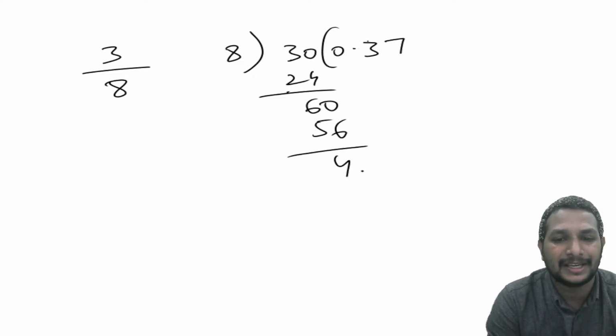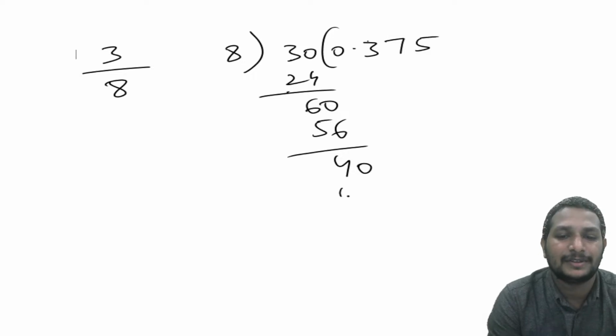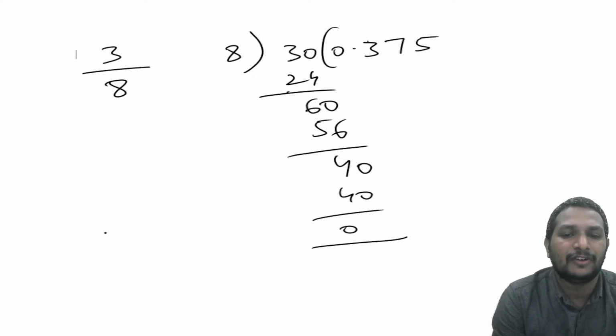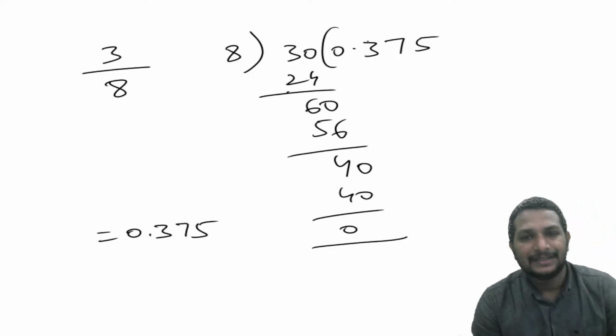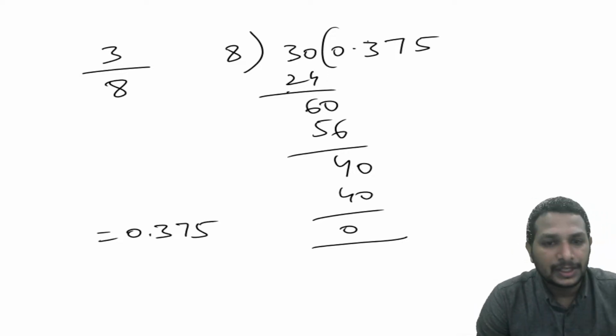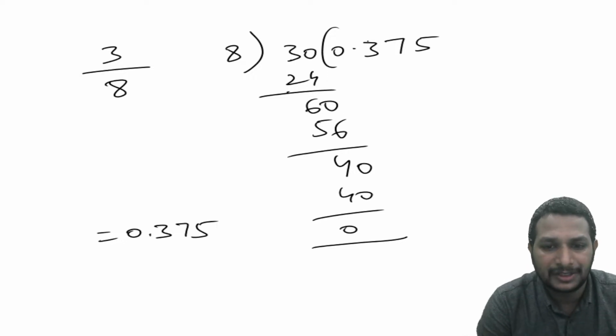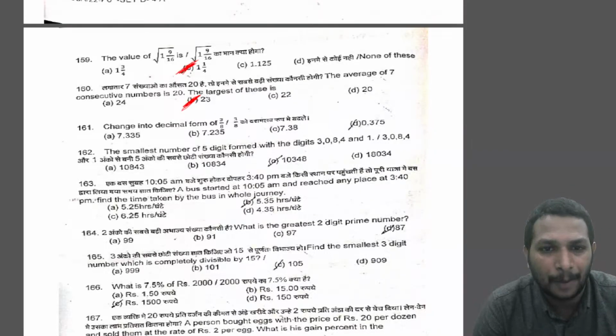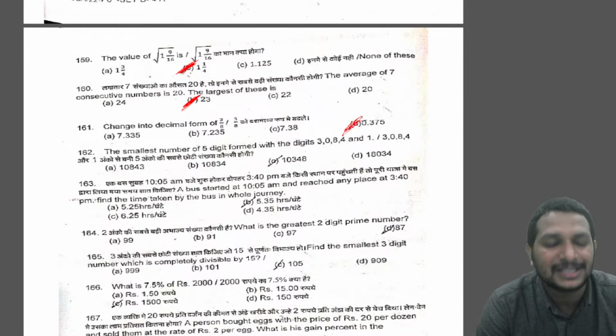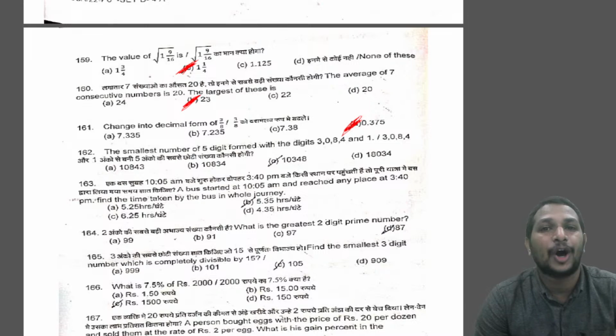As we have a decimal, I can get one more 0. 8 5s are 40. The decimal format is 0.375. According to that, 0.375 is given in option D. So the answer for question number 161 is option D.